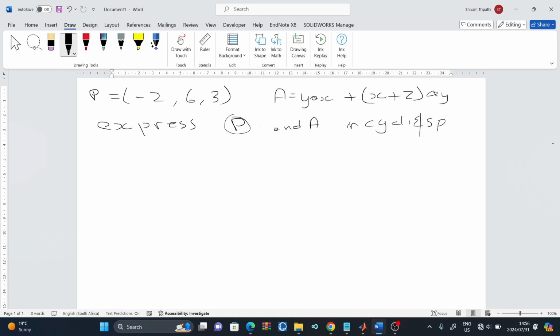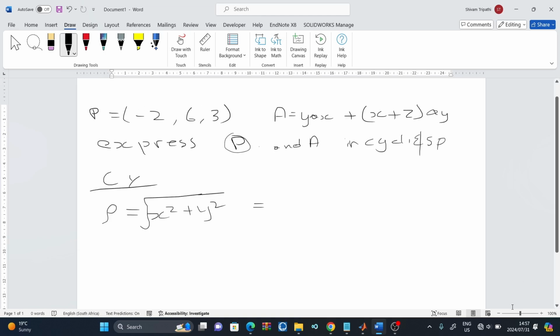To express P in cylindric, if you go back to the formulas, we have for the cylindric component the square root of x squared plus y squared. So here we'll get our r value.